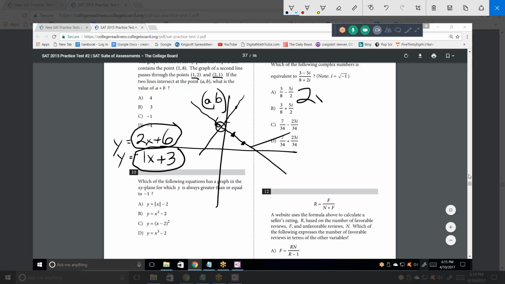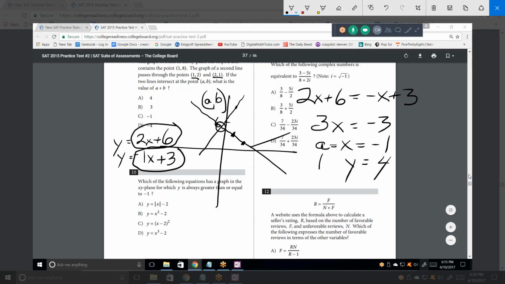So I get 3x equals minus 3, x equals -1, and that is the A point. What's the y point? Because they want A plus B. It's 4. Okay, so that's A. So the answer would be B.